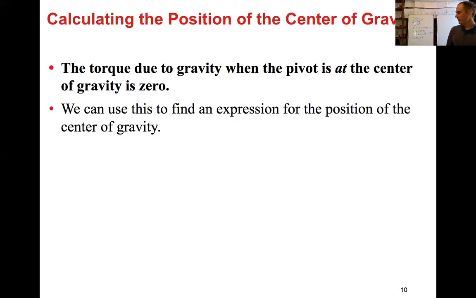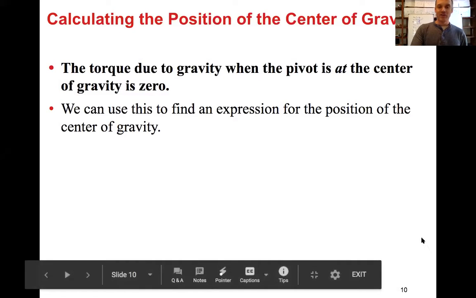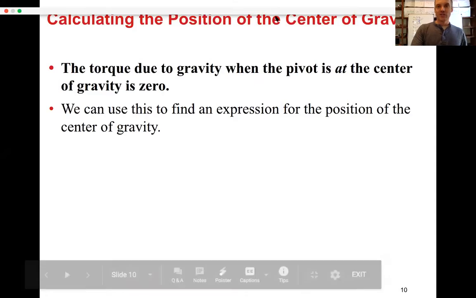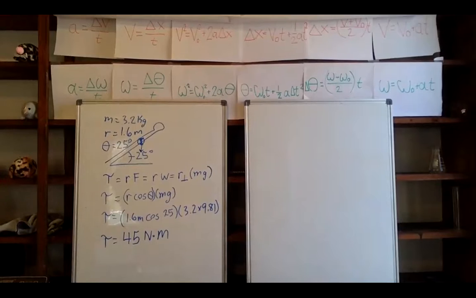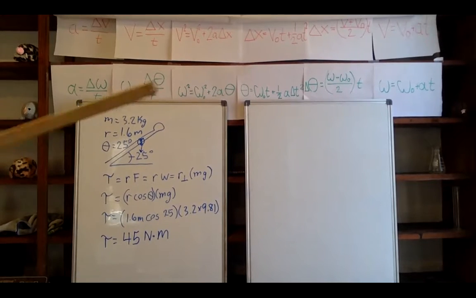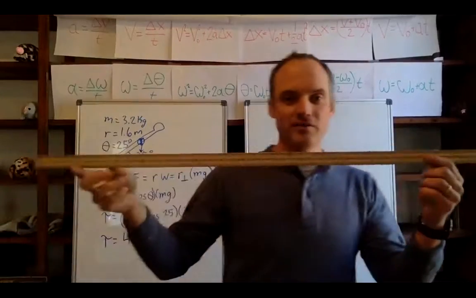The position of balance, or the center of gravity, is where your torque is 0. Knowing that, we can write an expression, but I want to quickly show you how that works with a ruler. We have a meter stick here, right?